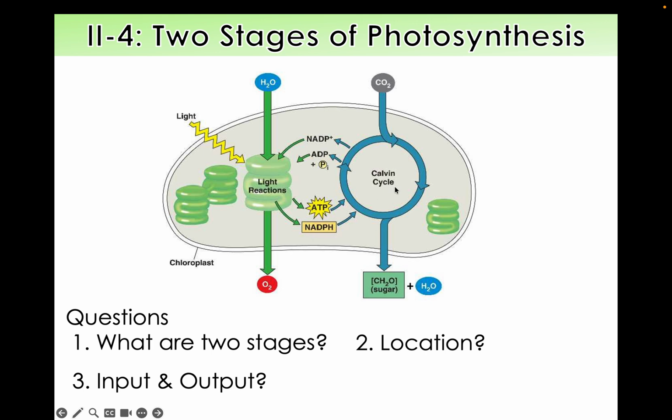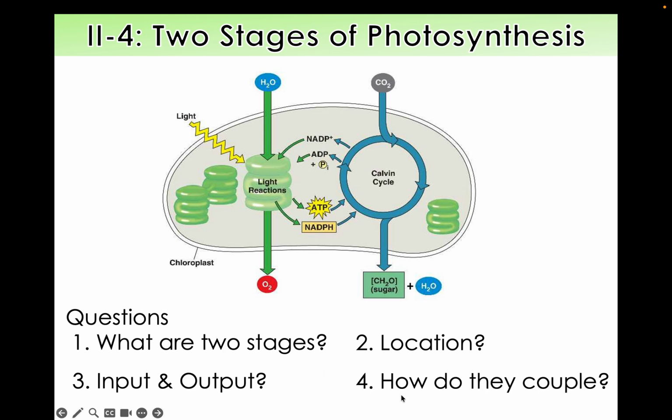The Calvin cycle requires carbon dioxide, no light, no water, just carbon dioxide, and also ATP and NADPH. And it'll create as an output the NADP plus and the ADP plus an inorganic phosphate, as well as sugar and water as a waste product. We don't often talk about this water though.